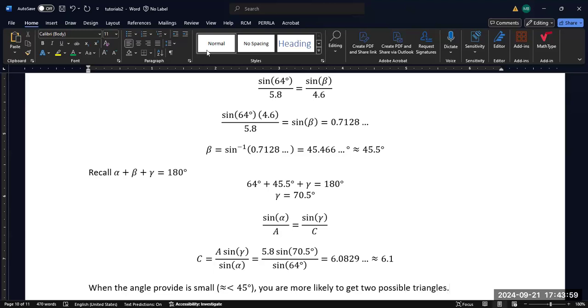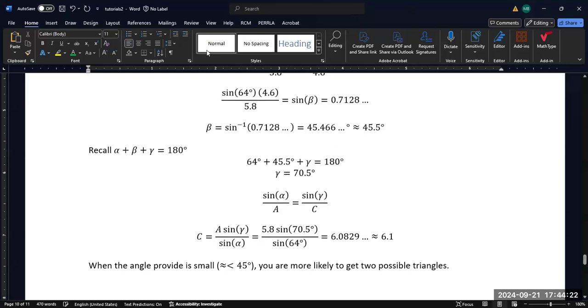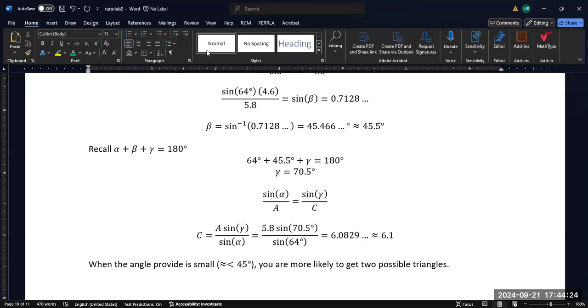And so we have to kind of keep that in mind. The angle that you get for angle beta, you want to check to see if the first angle that you find, if an angle in the second quadrant which has the same sine value, would also give you another triangle. So we can try this on this problem and see if that happens.